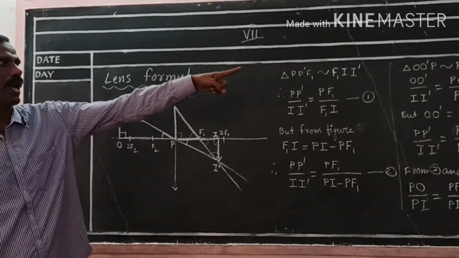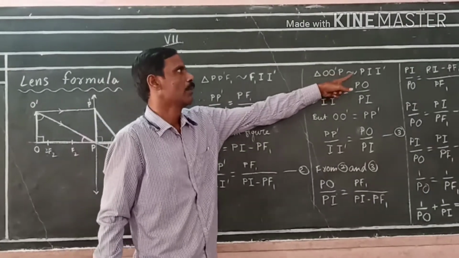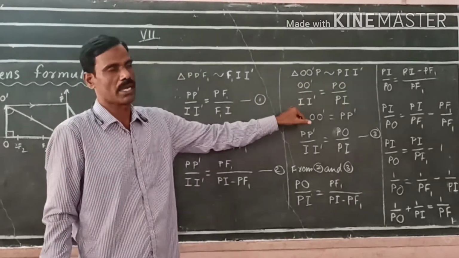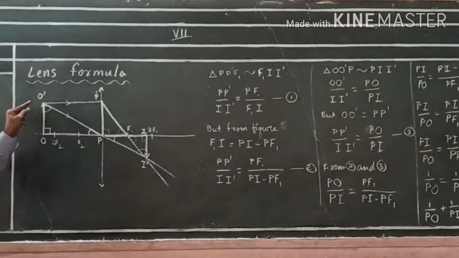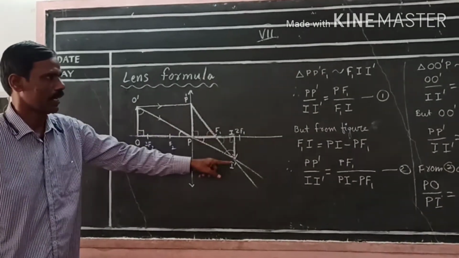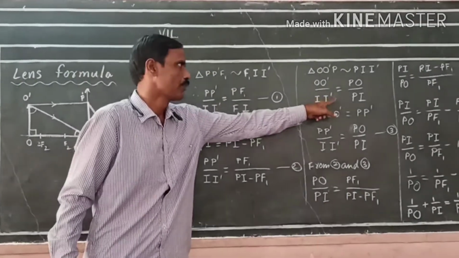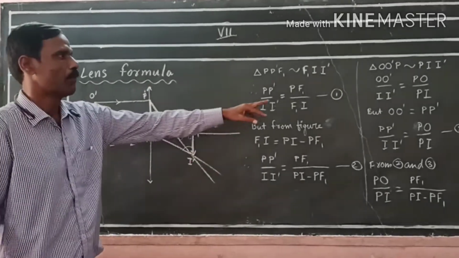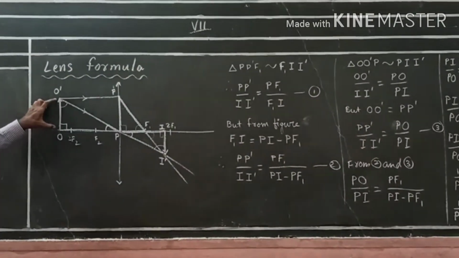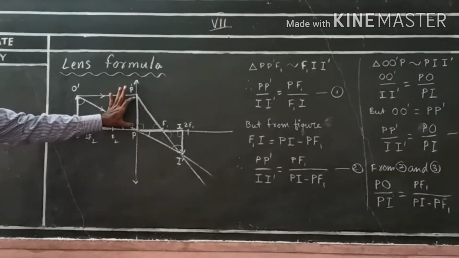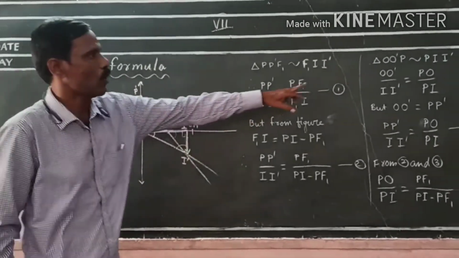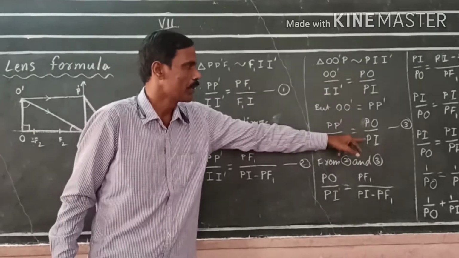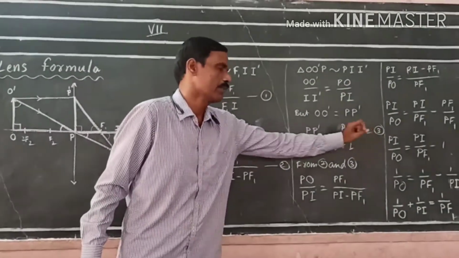As these two triangles are similar, the ratio of the corresponding sides, O'P'/II', is equal to PO/PI. But O'P' is equal to PP', so we can replace it: PP'/II' is equal to PO/PI. Let this be equation number 3.